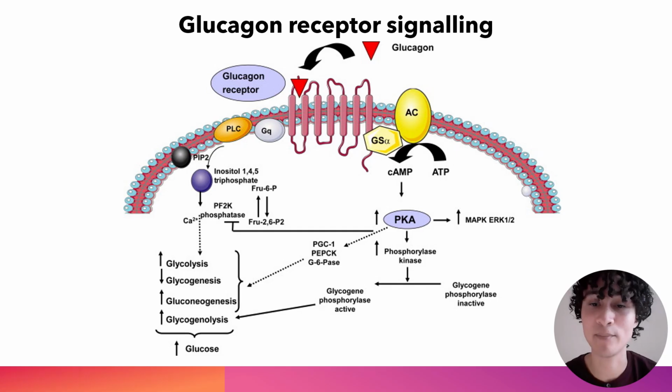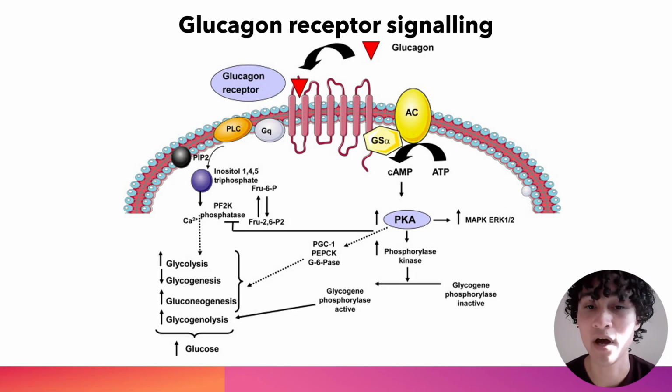So it's really important having these two pathways. It allows for amplification, and the outcome is still the same. Phosphorylase kinase will still become activated. It's either activated by calcium binding to its calmodulin regulatory domain, or it's activated by protein kinase A, and that protein kinase A is activated by your cyclic adenosine monophosphate.